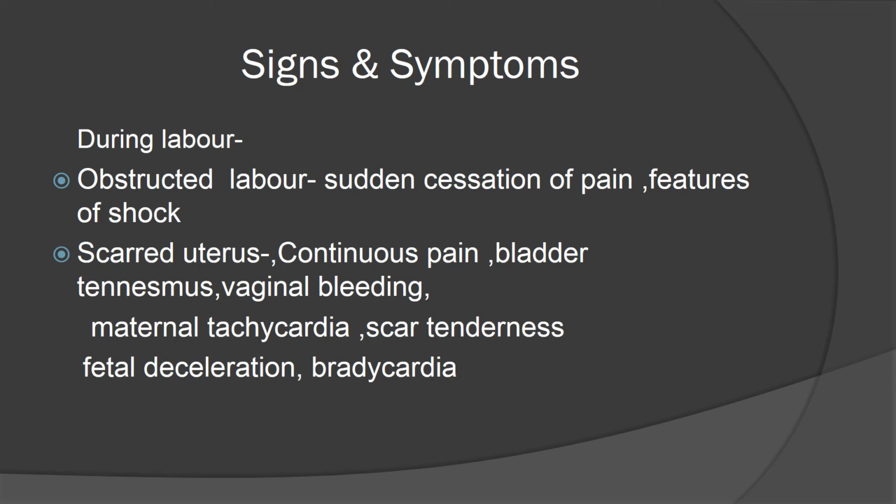She may rest for some time, and this is only momentary, and it will be followed by features of hypovolemic shock like pallor, tachycardia, hypotension, and evidence of intraperitoneal bleeding.